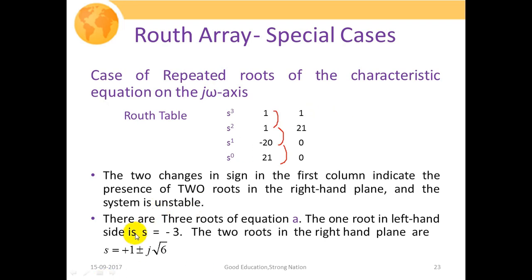So these are the roots of this equation number A. So now closely observing the complete roots, we can say whether the system is stable or unstable. In this particular example, we could simply say that the system is unstable. This is your equation number A, s cube plus s square plus s plus 21, and s is equal to minus 3 and s is equal to plus 1 plus minus j root 6. These are the roots of this particular equation number A.